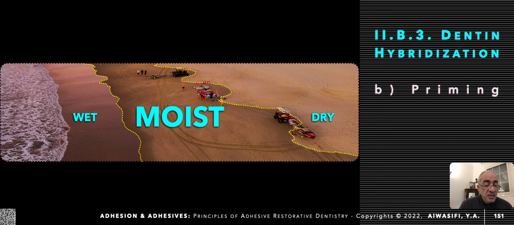If we let the dentin be absolutely wet, like the zone to the left, then you will have no spaces to be invaded by your primer, and the amount of water in dentin will be much higher than the ability of your acetone or ethanol solvent to kick it away.